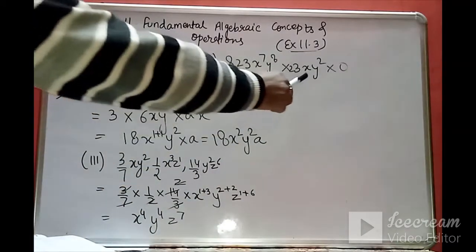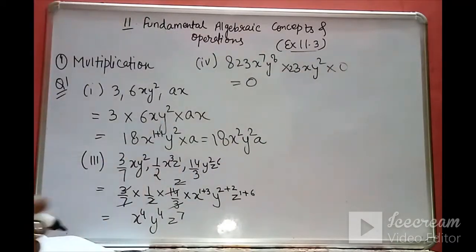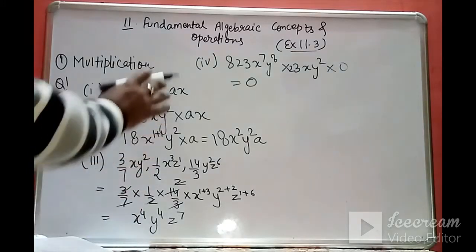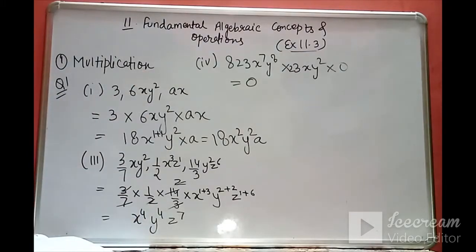No need to solve these two, because we know that whenever we multiply numbers together, even if there is a single 0, then our answer will also be 0. So this is how you can multiply these types of monomials. Okay, these are the monomials. You already know monomial means an algebraic expression containing only one term.